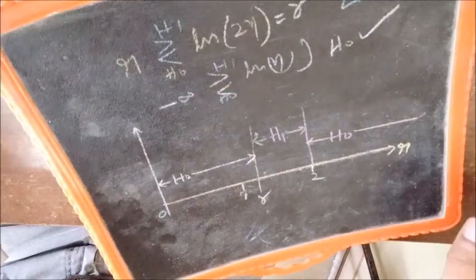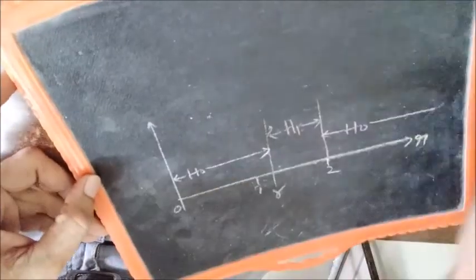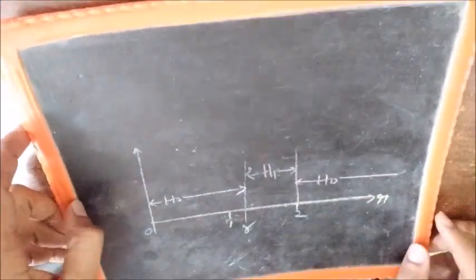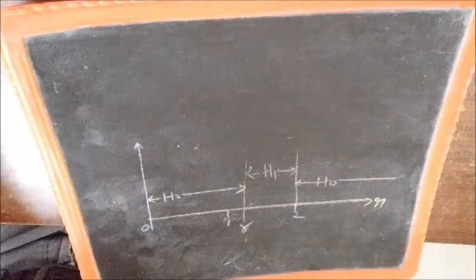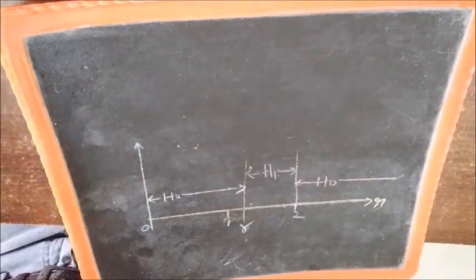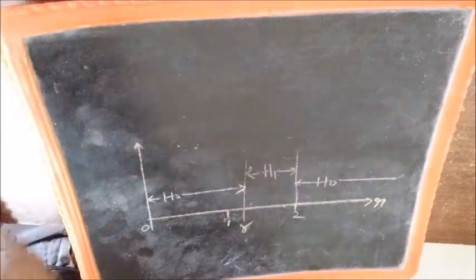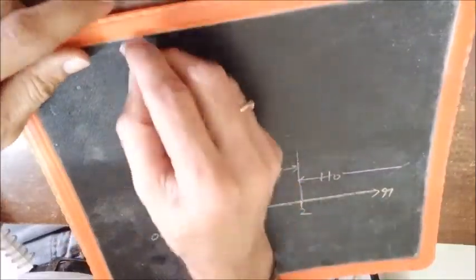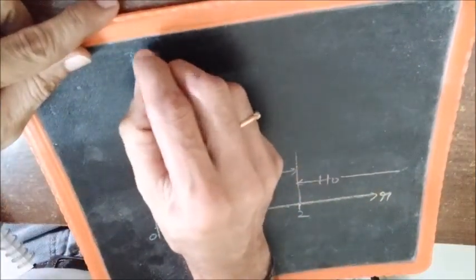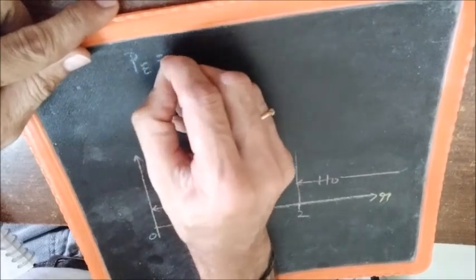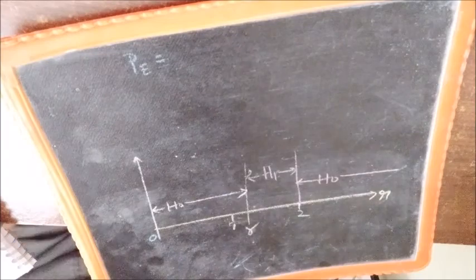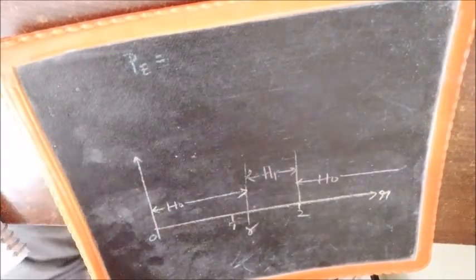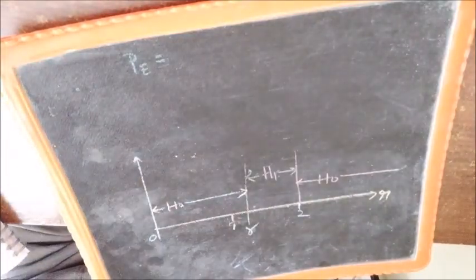We will take the cost as 0 for a correct decision and 1 each for the wrong decisions. So PE is equal to, we know the expression, probability of H0 being true times probability of false alarm, plus probability of H1 being true times probability of miss.